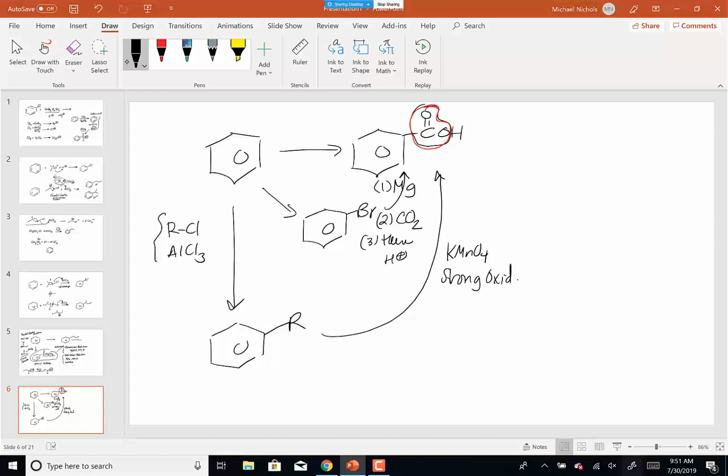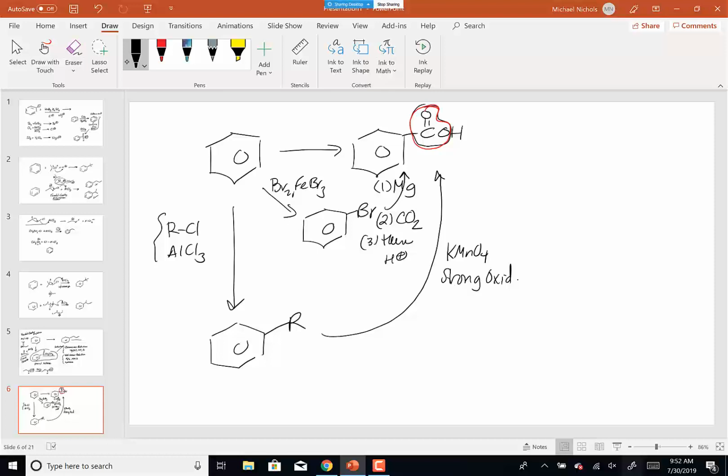So another way to make a carboxylic acid would be to convert the benzene to bromobenzene by using Br2 and FeBr3 or AlBr3.